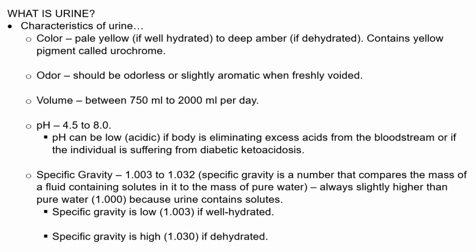Pure water has a specific gravity of 1.000 as a baseline, and so urine will always be slightly higher than that because urine always contains at least some solutes, even when urine is very dilute. The specific gravity of urine should be low, around 1.003 if the individual is well hydrated, but it can be as high as 1.030 or 1.032 if the individual is dehydrated.